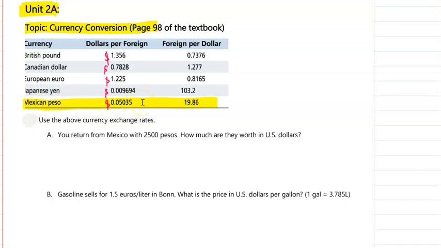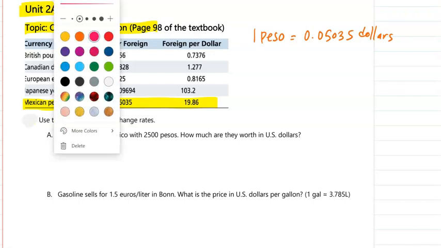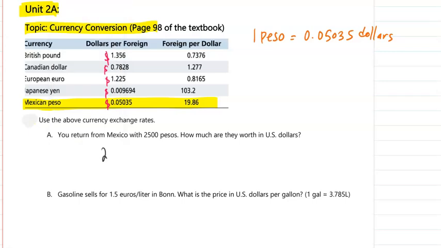So this tells you 1 peso equals 0.05035 dollar. That's what it means. Now we need to convert 2500 peso to the dollar. So we have a conversion factor.